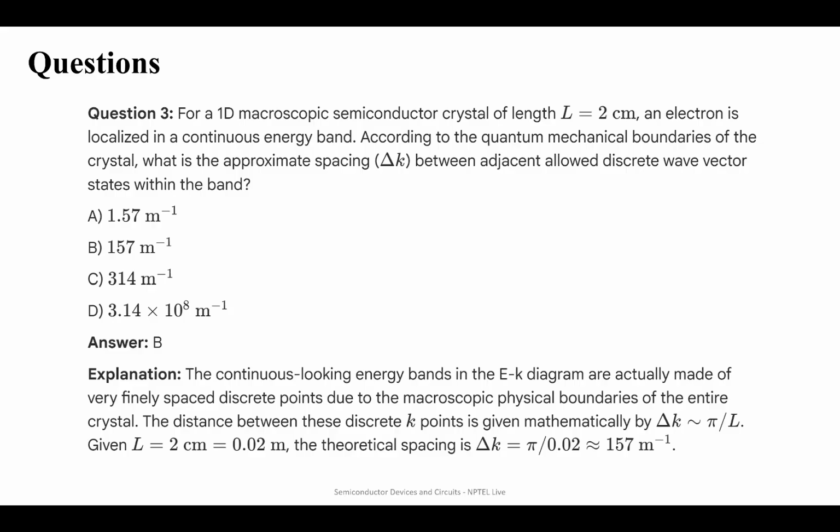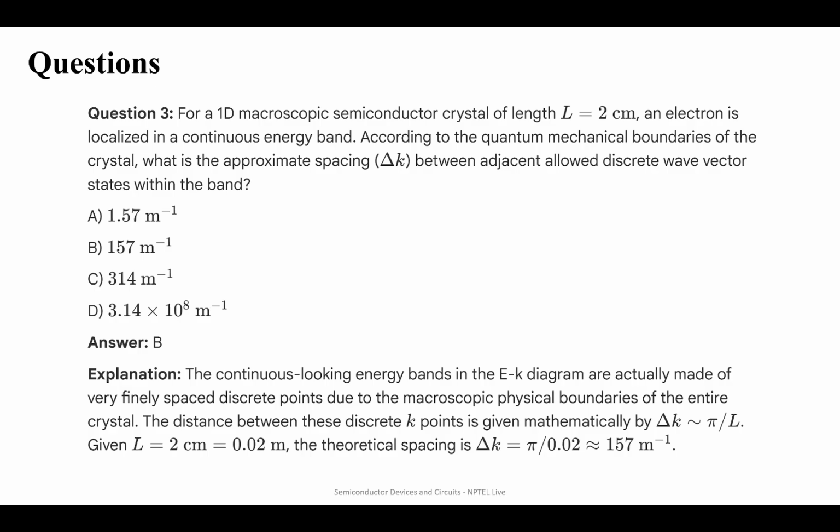So we know that for a continuous energy band, the fine spacing between the k states is given as delta k equals pi by L, and L here is 2 centimeters.